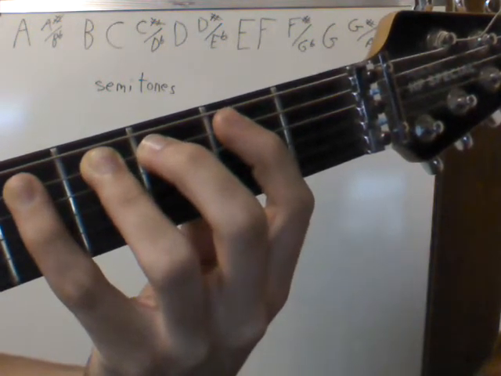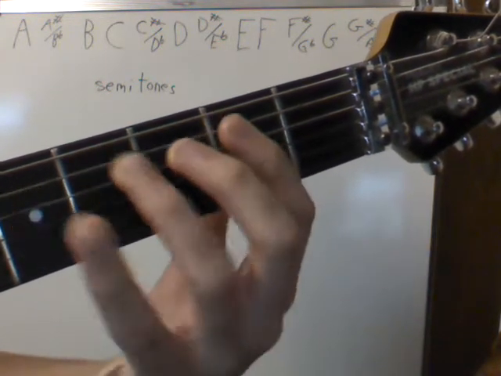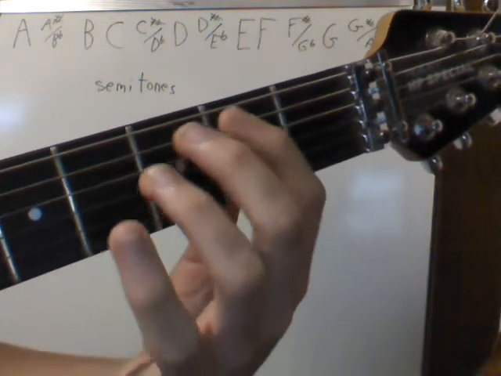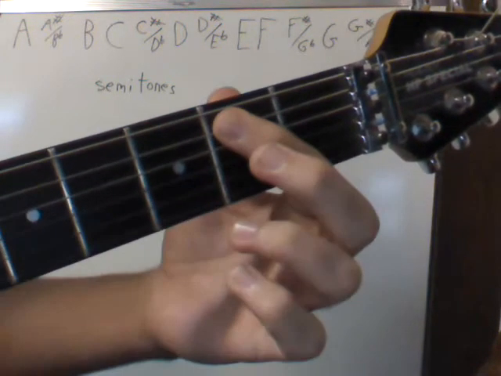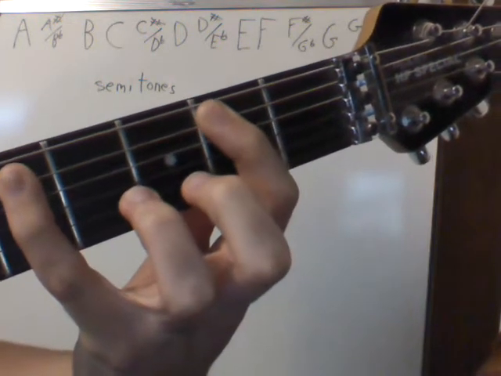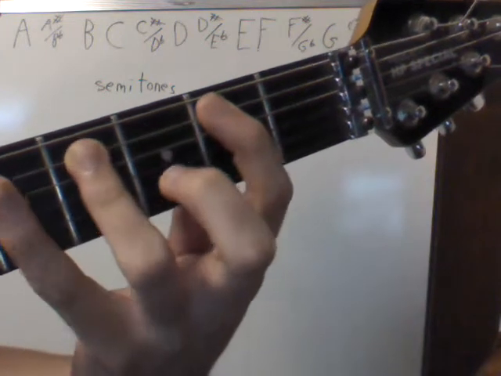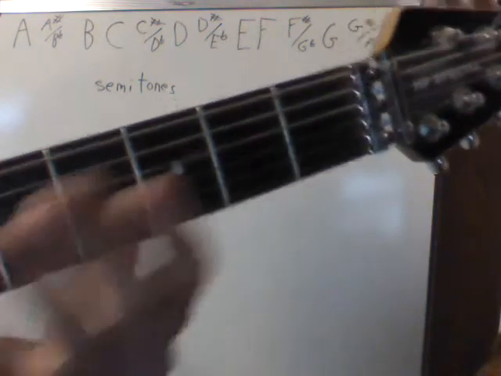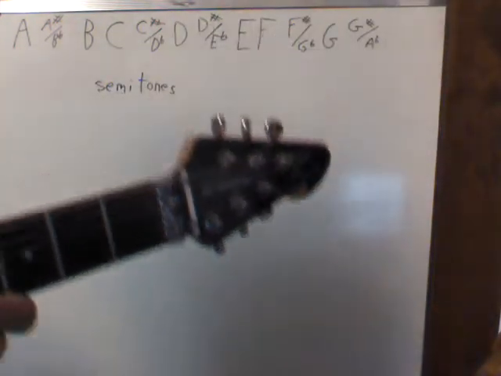How many semitones was that? That's 3. 1, 2, 3. So from this note to this note, there are 3 semitones in between. We had to go up 3 notes to get to that note. Okay, so now you know what semitones are.